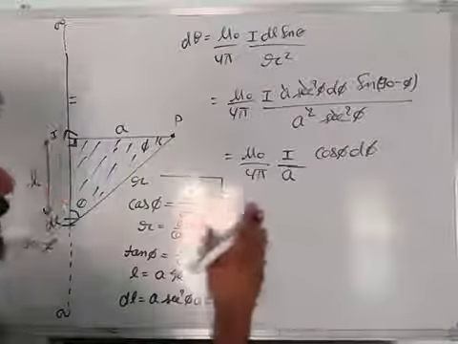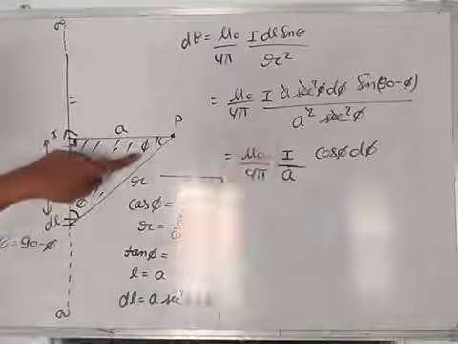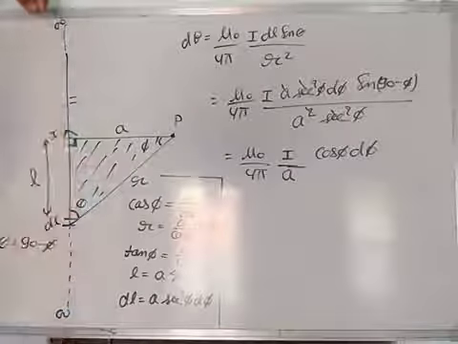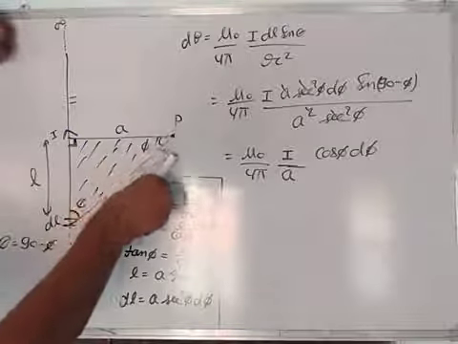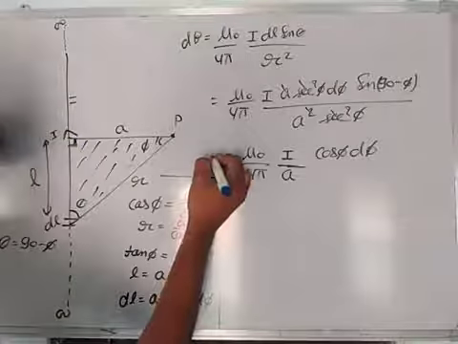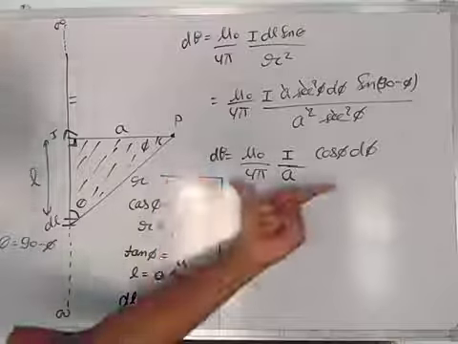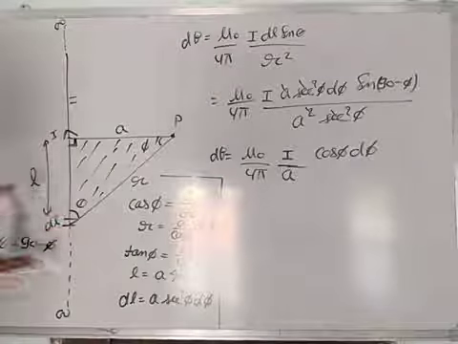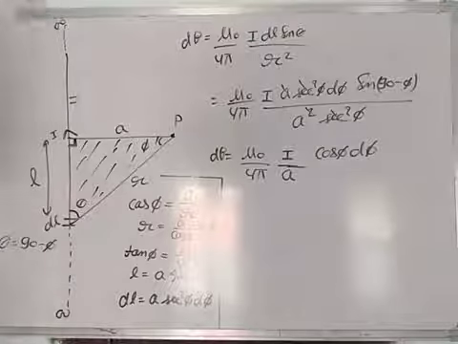Students, you can see here that phi is a variable. As you are going to extend the length of conductor, phi will also increase. Then this expression is for only a small length dl. Now you are going to calculate for the complete length.